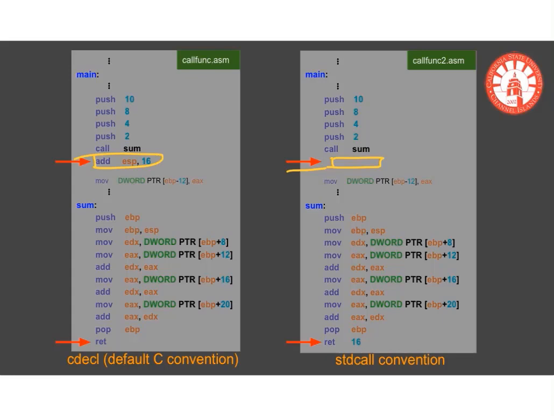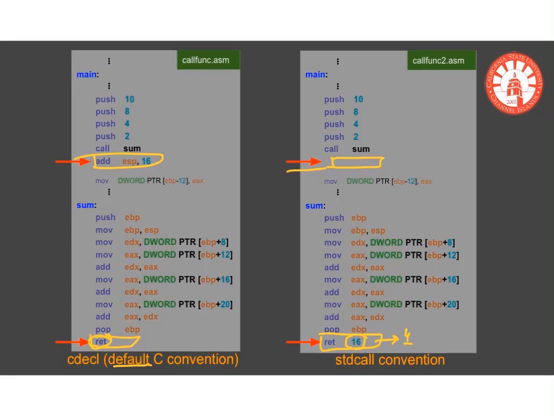And then, as we mentioned in the previous slide, the return values are also different. In the default C convention, the return doesn't have any argument, whereas in the standard convention, we have some value in here as 16, which means 4 elements in the stack.